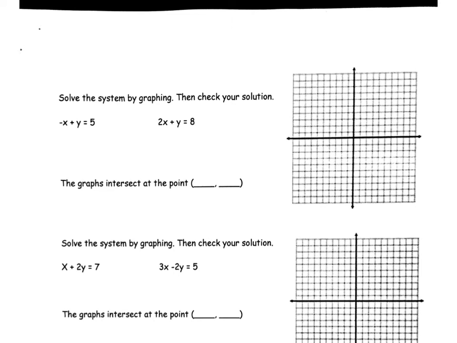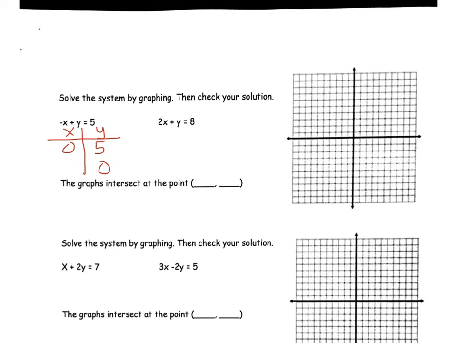Solve the system by graphing. Our next page. These are both in standard form. So let's use our teeny tiny table. You know how I like to say that. X, Y, 0 for X, 0 for Y. When I put in 0 for X, my Y is 5.